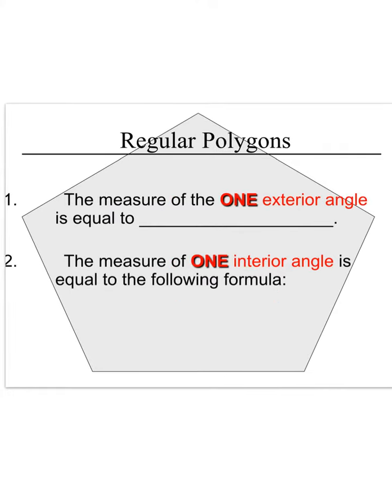In order to find the measure of one exterior angle, you take the sum, 360, and divide by the number of sides. And in order to do that for one interior angle, you take the sum, which is 180 times the number of sides, n minus 2, and divide that by the number of sides, and you get that value.